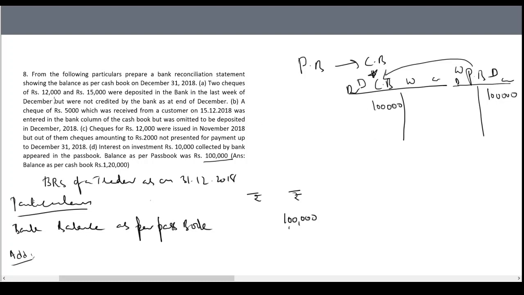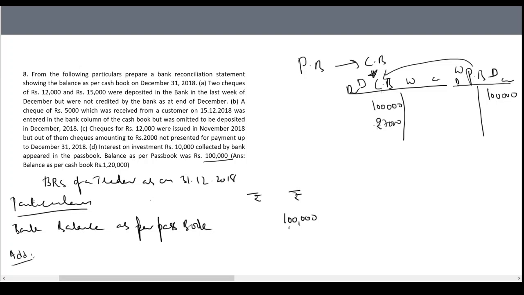Two checks of rupees 12,000 and 15,000 were deposited in the bank in the last week of December but were not credited by the bank as at the end of December. So we have received some checks from customers. As soon as we receive the check, we pass the entry bank account debit to debtor. Hence, when we talk about cash book, we are talking about the bank column in the cash book or the bank account in our books.